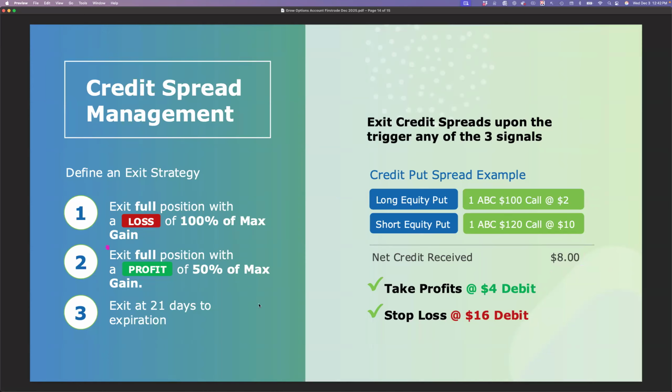On the flip side, when the trade gains 50% of its maximum gain, that's when you want to start taking profits. So if you sold something for $8, once it makes 50% of the maximum gain potential, you want to start taking profits. Now, taking profits doesn't mean that you take profits and you walk away. Taking profits many times means that you take profits and you basically sell a new credit spread.